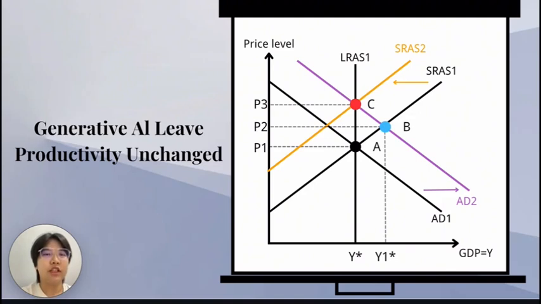Due to inflationary pressure, the cost of production rises since input prices increase. SRAS1 will shift to the left to SRAS2. The macro equilibrium moves from point B to point C in the long run. Output has reverted back to Y asterisk from Y1 while the price level has increased from P2 to P3.